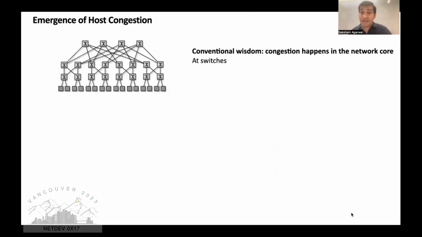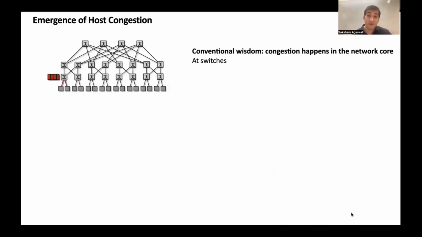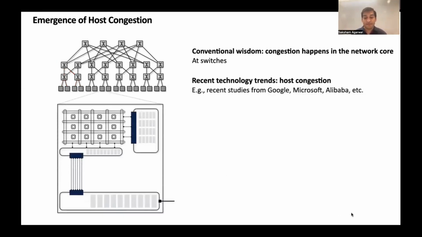The conventional wisdom in our community is that congestion happens primarily in the network core, that is, at network switches. For instance, due to oversubscribed topologies, in-cast traffic patterns, poor load balancing, etc. However, recent studies from large-scale production clusters like Microsoft, Google, Alibaba, etc., have demonstrated a new phenomenon: emergence of congestion within the end hosts, especially adoption of multi-hundred gigabit access link bandwidths, coupled with relatively stagnant technology trends for resources within the hosts.